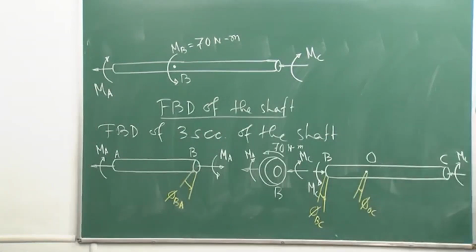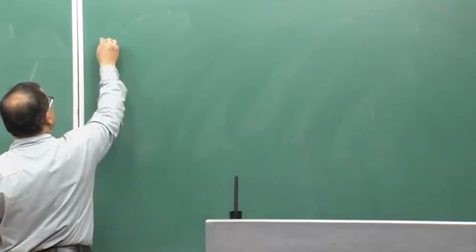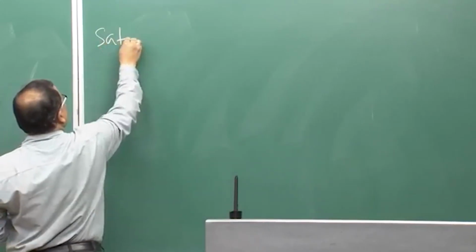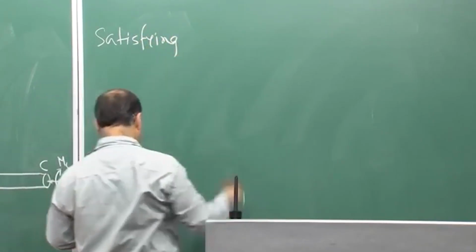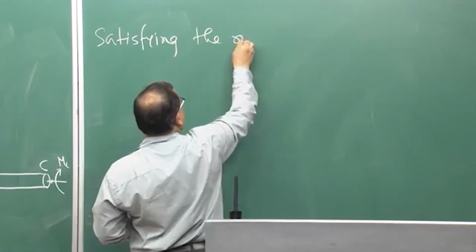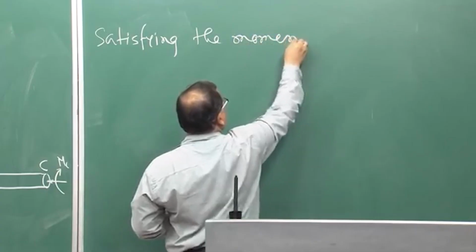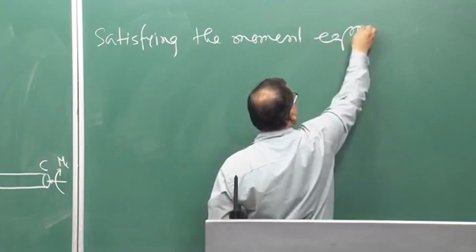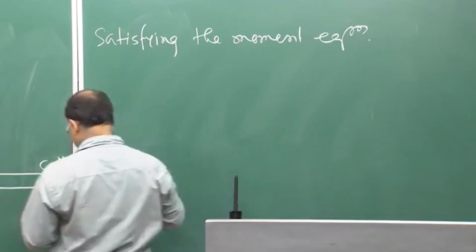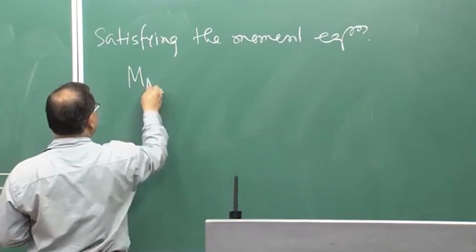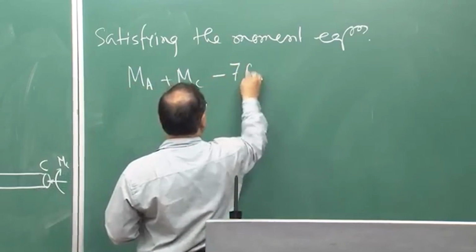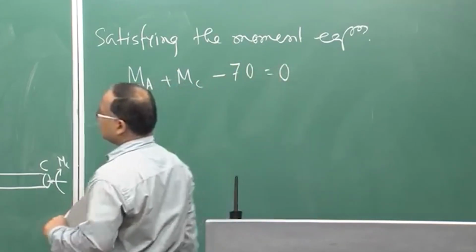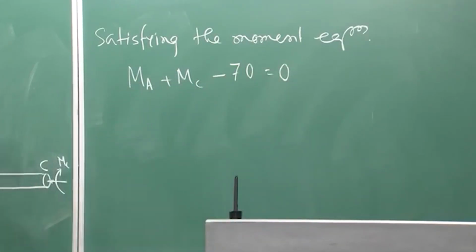So, now if I try to solve, satisfying the moment equilibrium, okay, we can simply write MA plus MC minus 70 equal to 0 as per this figure.